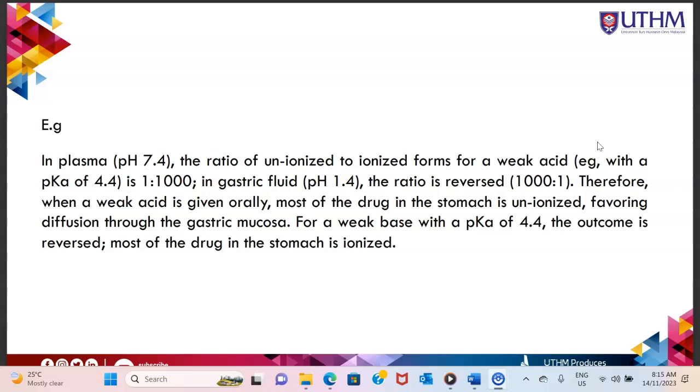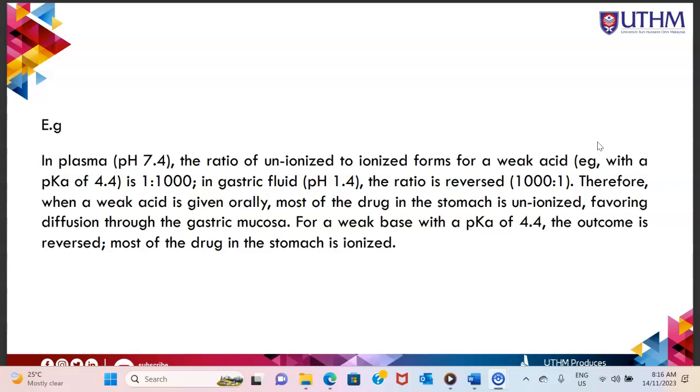In summary, number one, the pH of the environment significantly influences the ionization state of weak acids and weak bases. For weak acids, low pH, such as in the stomach, favors the unionized form, promoting absorption. And the last one, for weak bases, low pH in the stomach promotes ionization, which may hinder absorption.